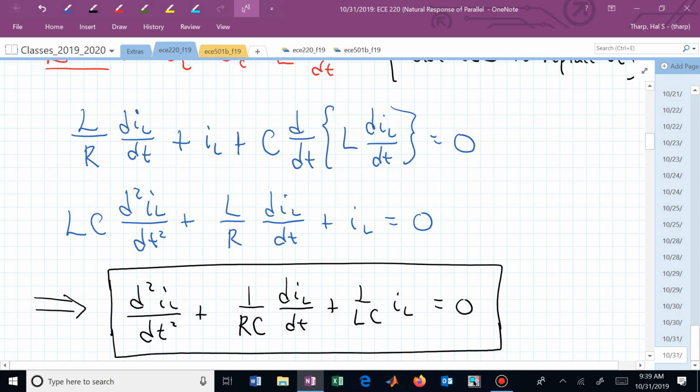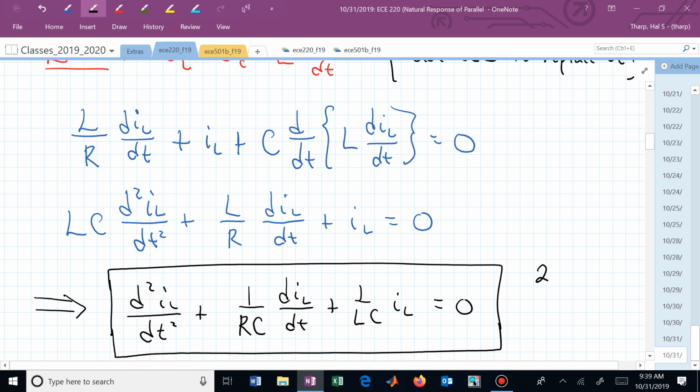You've factored everything out, and now you have an s squared plus something s plus something else. That's what we're getting ready for, but now we're simply putting all of the constants in the lower order terms in terms of I sub L.